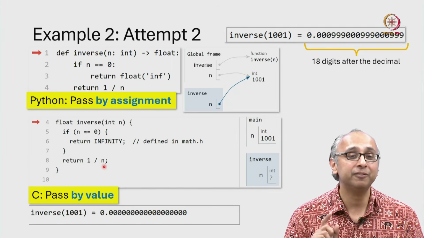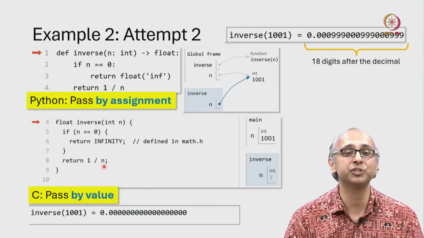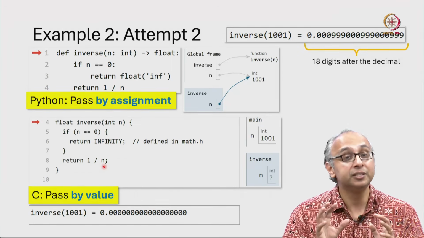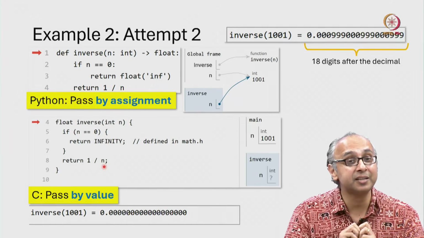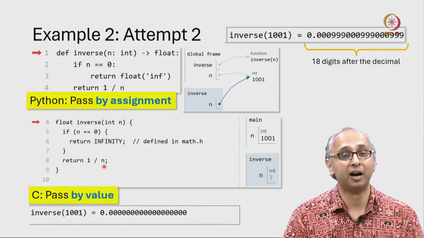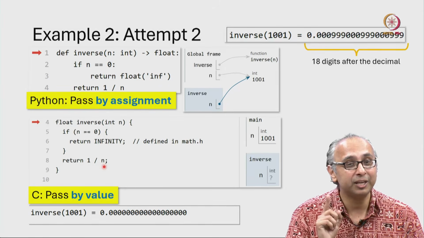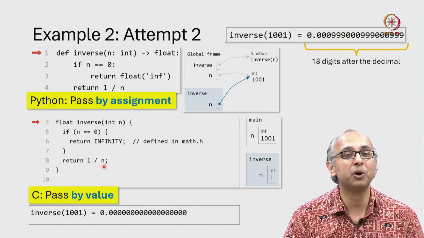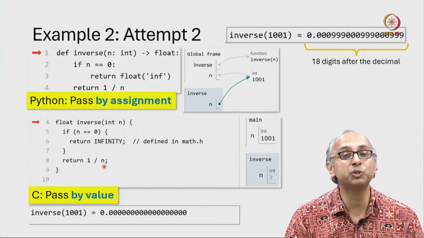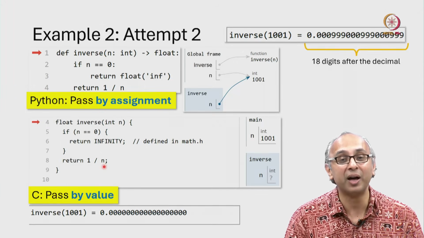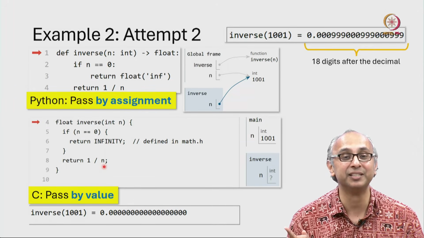But if the answer after division is negative, in C we will still discard the values after the decimal. That, if you think about it carefully, corresponds to rounding towards 0 rather than towards minus infinity.